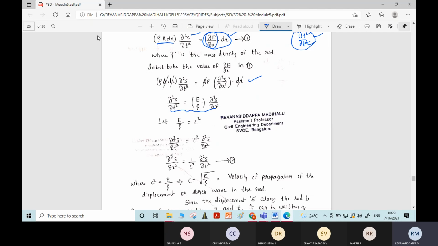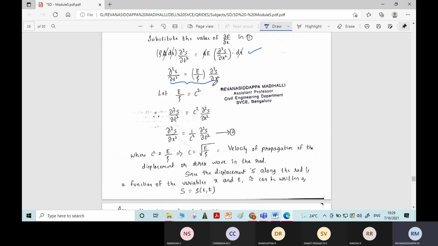Therefore, whatever this E by rho is, the ratio of Young's modulus to density, is assumed to be a constant. Young's modulus of the material is a constant value, density of the material is also constant, so this ratio is assumed to be a constant, that is c square.